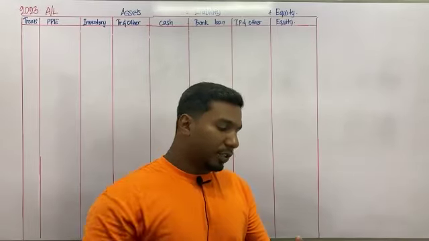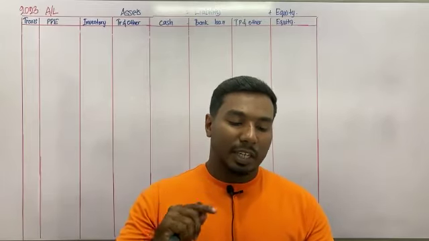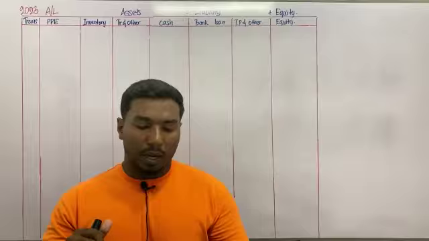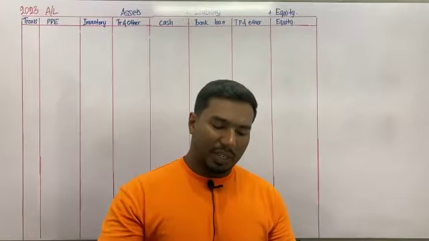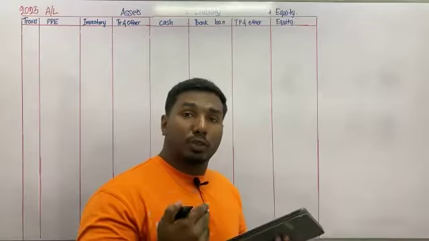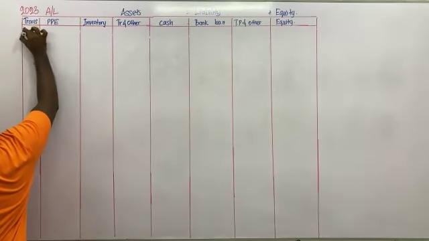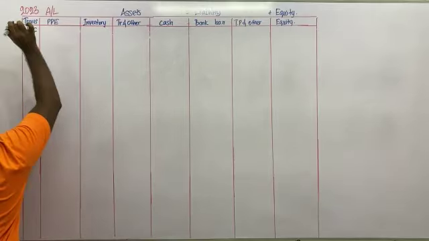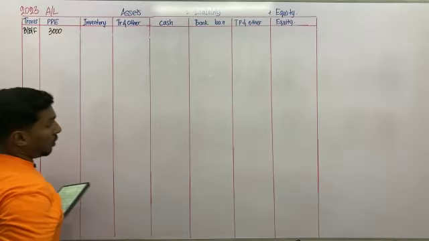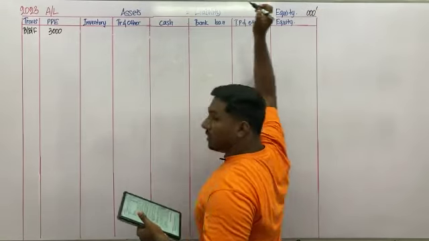Read the top of the question. Mala Enterprises is a sole proprietorship and its summarized statement of financial position as at 31st March 2023 is given below. PPE, inventory, total assets, equity, all the things have been given. So what we have to do is enter those balances now. Balance brought forward: property, plant and equipment 3000, so we have to mention the 3 zeros here, we are shortening the 3 zeros.